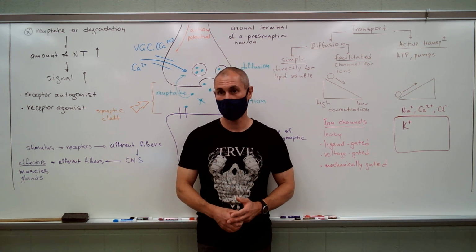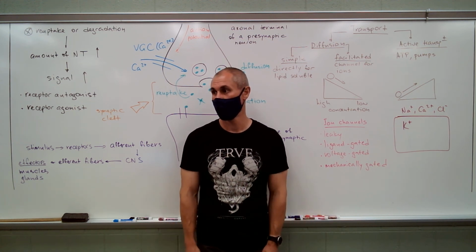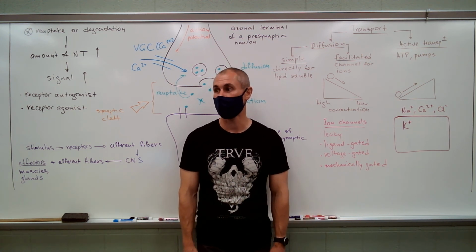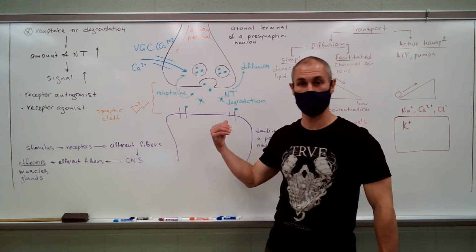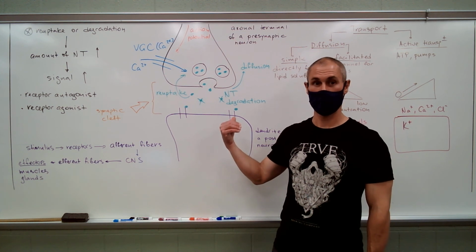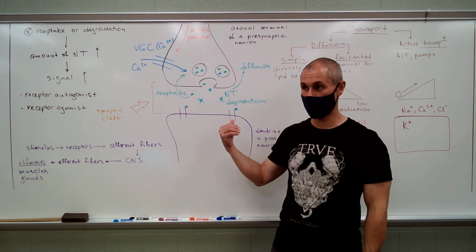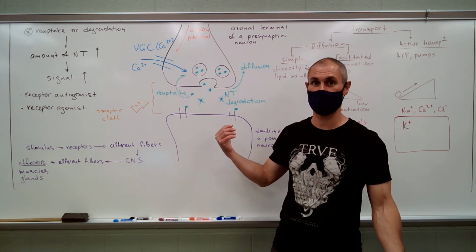Last bit about neurotransmitters, really straightforward. Which ones are working faster, small or large? Which one will transmit the signal faster, small or large? Small, because they diffuse faster. Okay? That makes sense? I mean, wide receiver runs faster than the lineman.